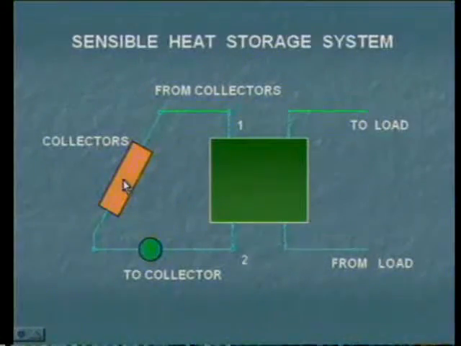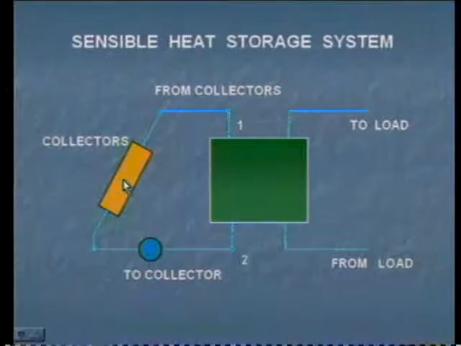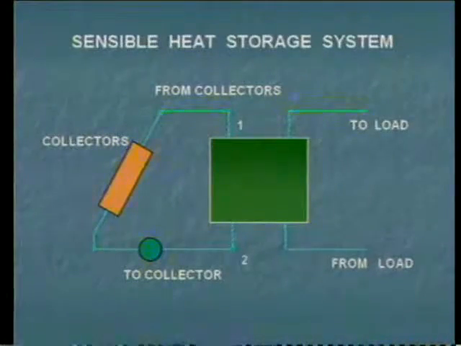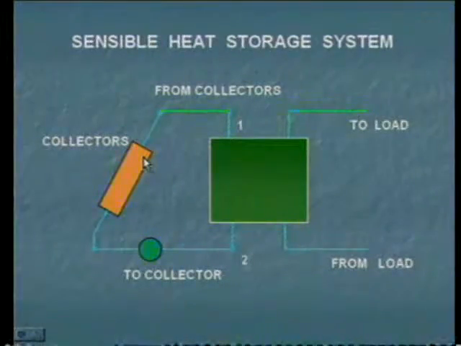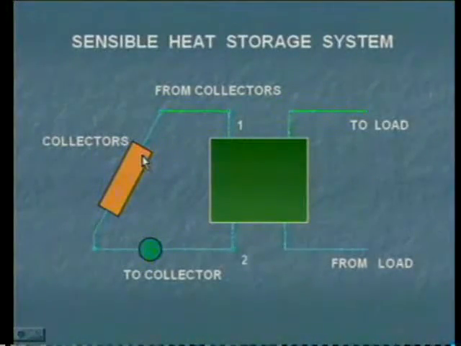Sensible heat storage system: here there is a flat plate collector. Based on the energy requirement, we may use a series of flat plate collectors, and in the flat plate collector water is moving. When the water enters the flat plate collector, it absorbs the solar incident radiation, and the temperature of the water increases.